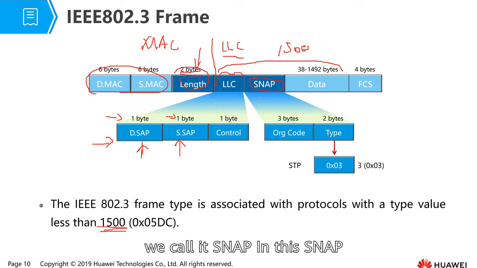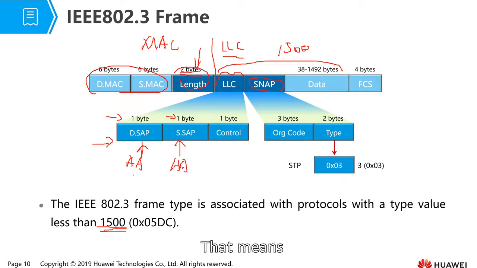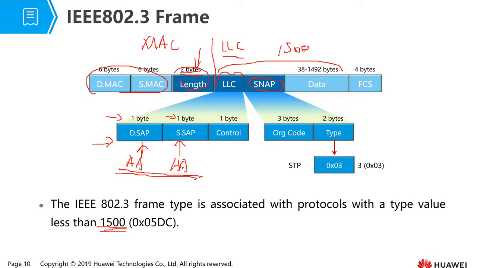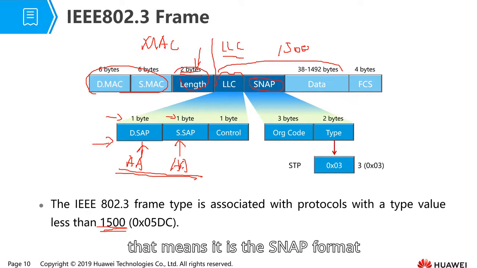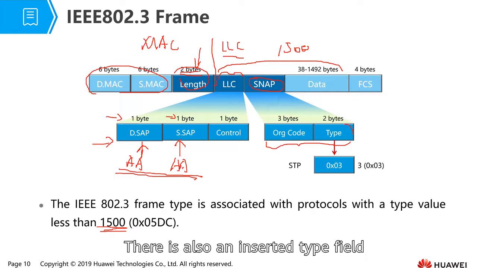In this SNAP, the DSAP and SSAP are both AA. That means if DSAP and SSAP are both AA, then use the format of SNAP. Then it is followed by the SNAP header, and in SNAP they also inserted a type field.